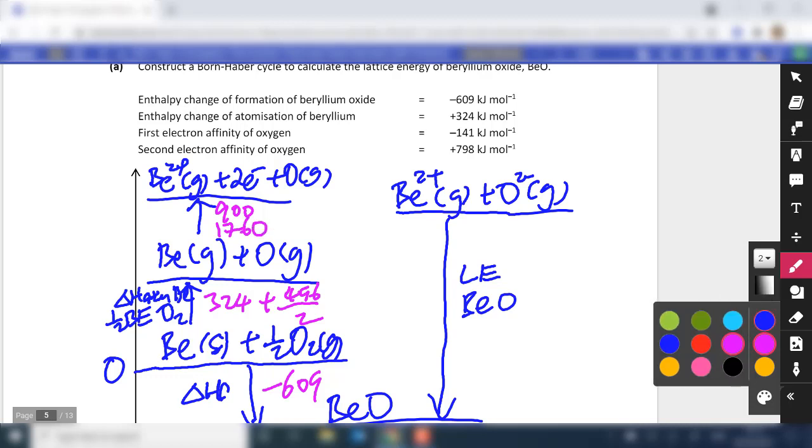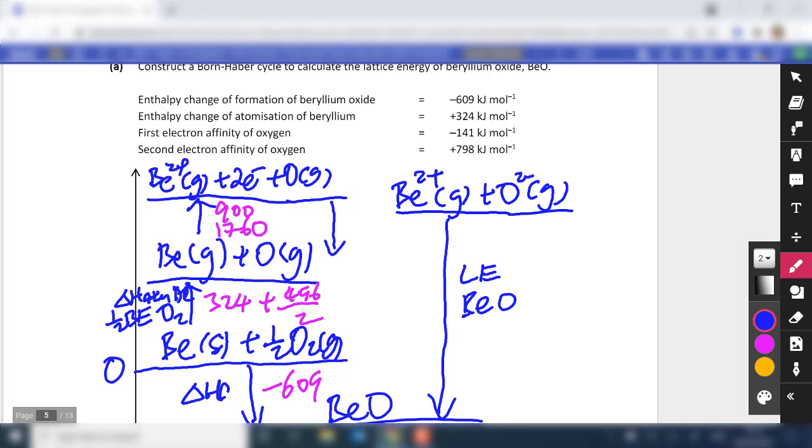That's the second IE. Then after that we go down because you are given the first electron affinity of oxygen, and then the second electron affinity of oxygen. If you want, you can sum them up: negative 141 plus 798 will give us 657. But of course, because we are practicing drawing the Born-Haber cycle, I think it's good to draw them out separately, to check on our mistakes.